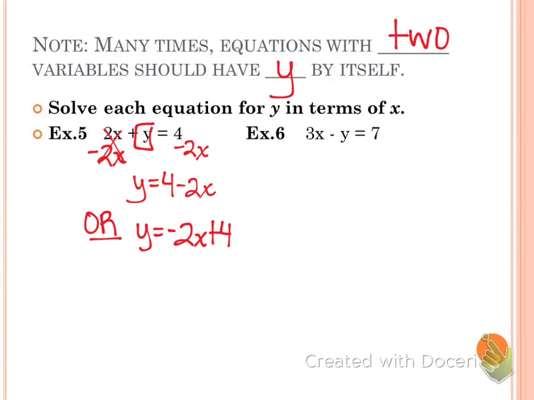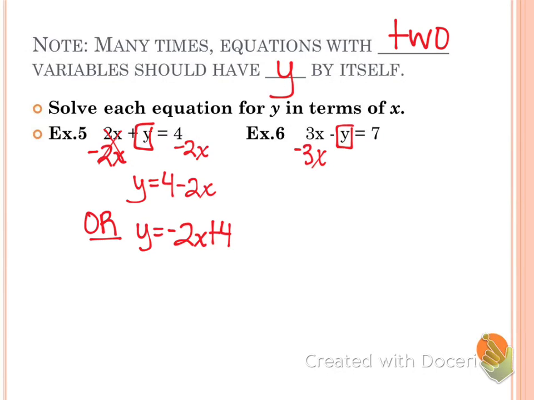On example 6, we are trying to get y by itself. So we're going to leave the y alone. Don't move the y around. Move everything else. What's the first thing I should get rid of? We want to get rid of that x term. Right now it's a positive 3x, so to make it 0 out, I subtract 3x.